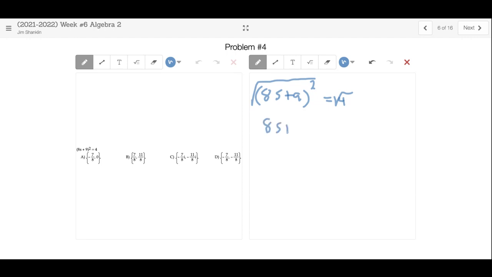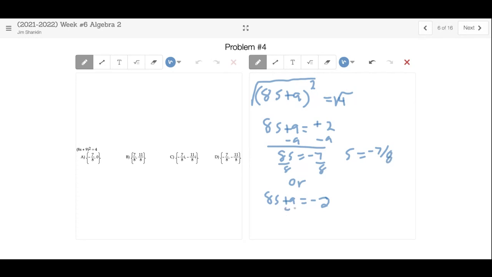So I end up with 8s plus 9 is equal to positive 2, or 8s plus 9 is equal to negative 2. So really now I just have 2 equations that I have to solve. I'm going to subtract 9 from both sides here. So I end up with 8s equals negative 7. Divide through by 8. I end up with s equals negative 7/8.